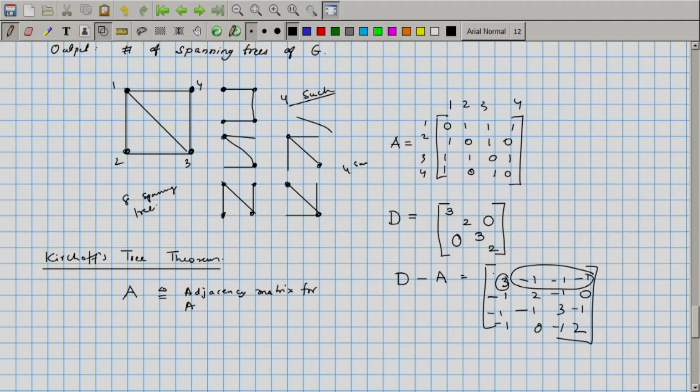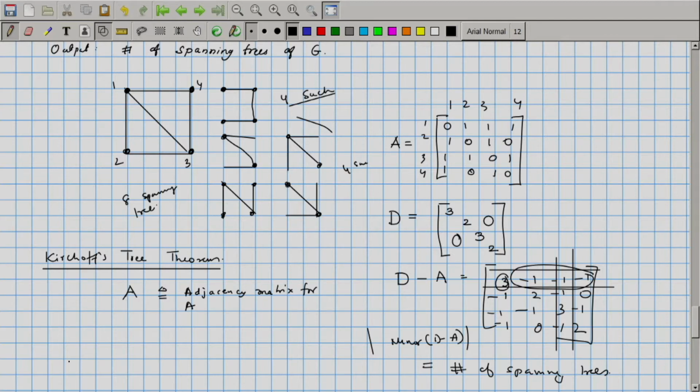So, the determinant of this is going to be 0, but you can just remove a row and a column, okay, and then evaluate the determinant, and that determinant would be called a minor. So, look at a minor of D minus A and look at its determinant, that will be equal to the number of spanning trees. Okay. So, this is Kirchhoff's tree theorem, and because of the tree theorem we can compute all these quantities.